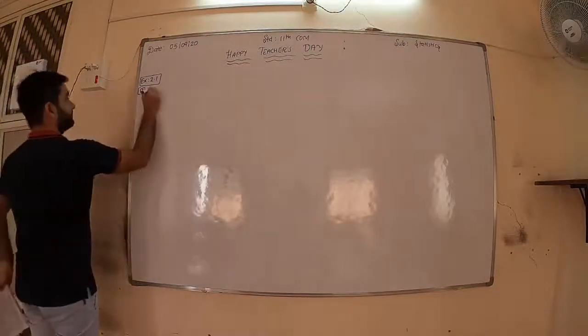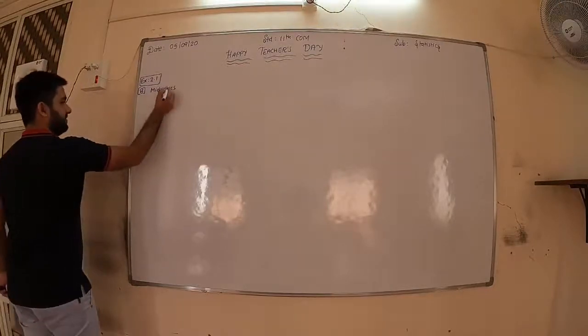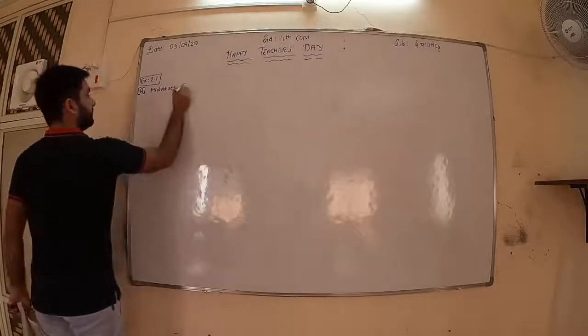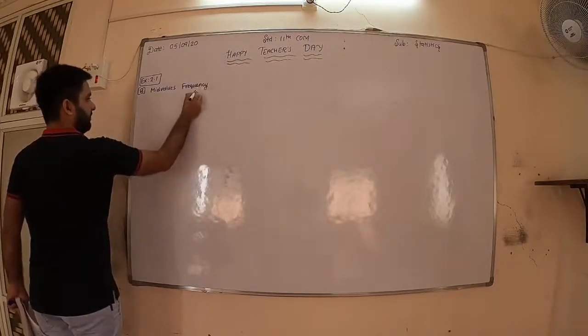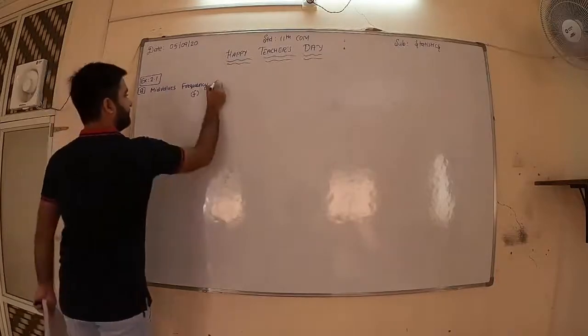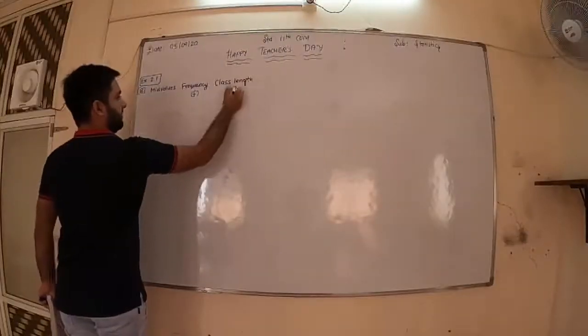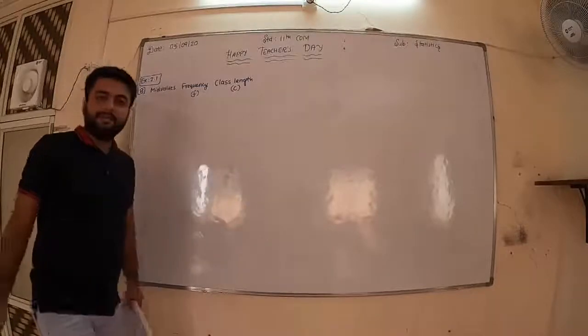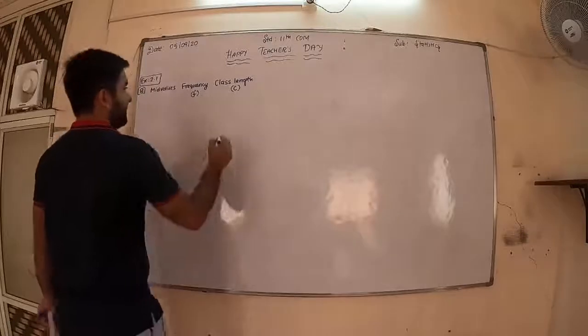Now, mid values, F, class length C. Better to leave one line for solving this sum.